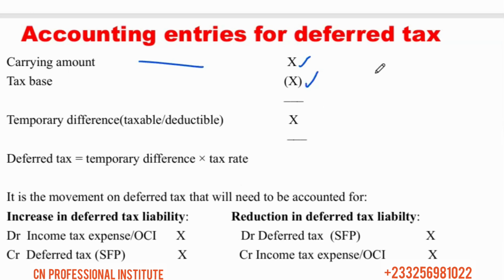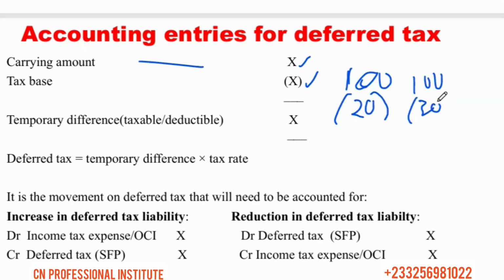So let's say the cost of an asset is 100,000. Depreciation is 20,000. Capital allowance is 30,000. When you deduct, you have 80,000 as the carrying value, and the tax base is 70,000.